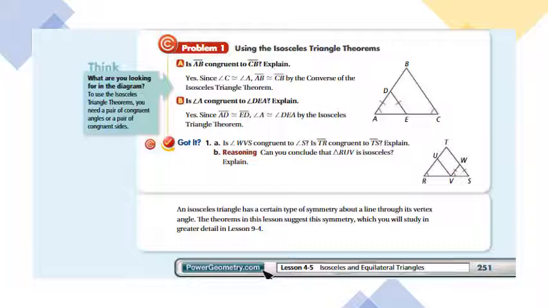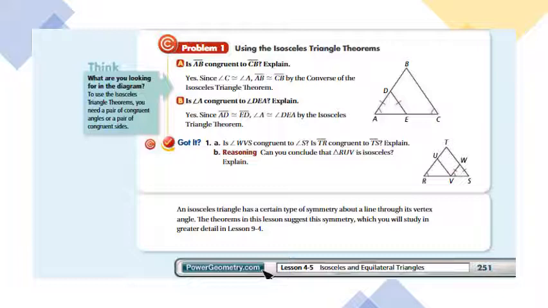Let's see the other part. Is TR congruent to TS? Okay, we did this before. They put the mark here that angle R is congruent to angle WVS, and in the previous answer we said that angle V is congruent to angle VSW.